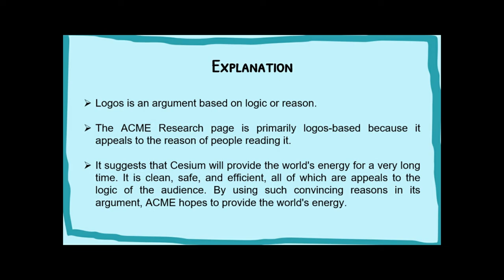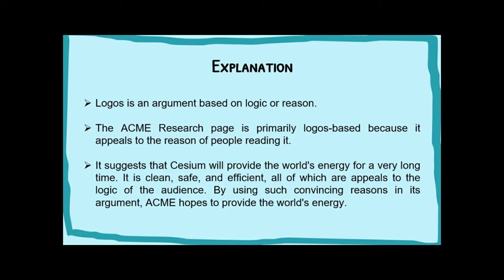So for the example of Logos, it is the Acme's new dihydrogen cesium detonation process. Why? Because in this argument, the reasoning of convincing of the Acme company is spot on. And as I said in the explanation, Logos is an argument based on logic and reason.